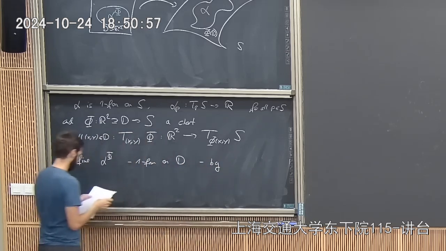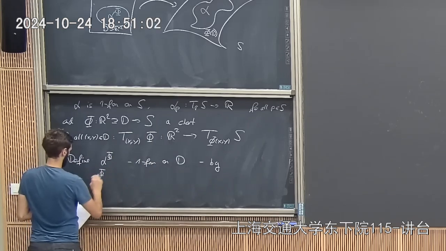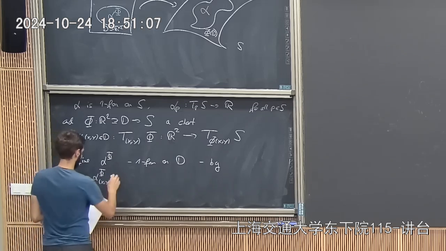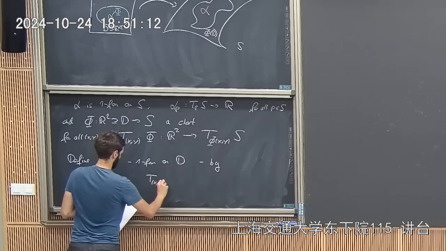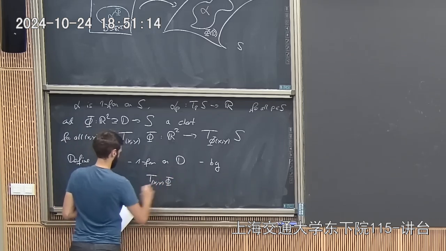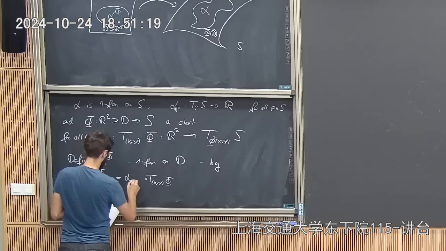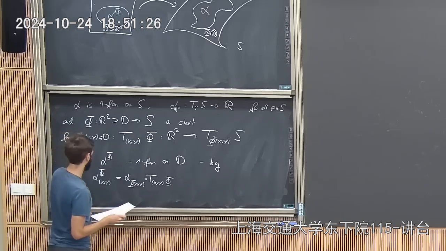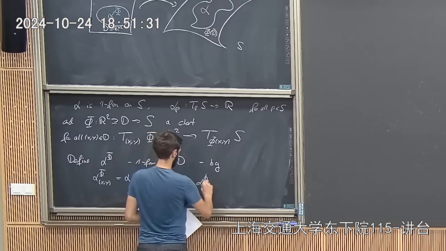We define this one form by saying that at a given point, it's the same thing as, tx equals to 5, and then we compose this map with the correct alpha. So maybe I can write this up.